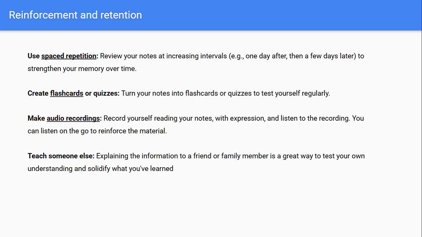And you can either have someone show you the flashcards or use the flashcards with yourself. And you'll look at, let's say, the definition side and try to remember what the term is. Or you can look at the term side and try to recall the definition. Both work. And quiz yourself to test yourself regularly.